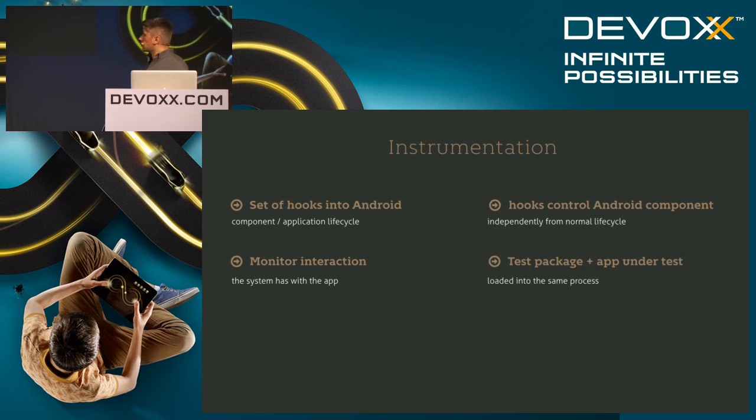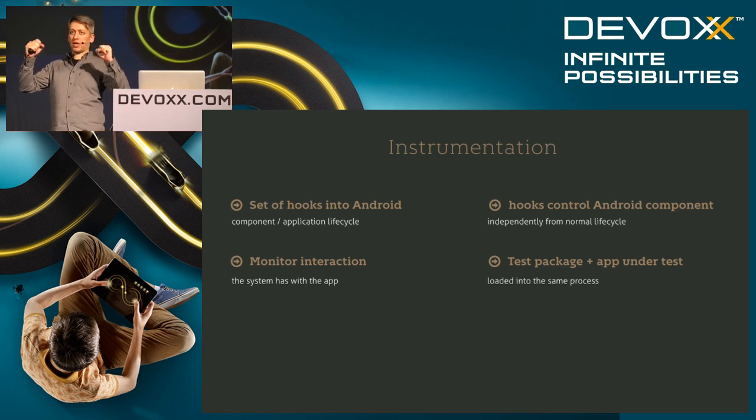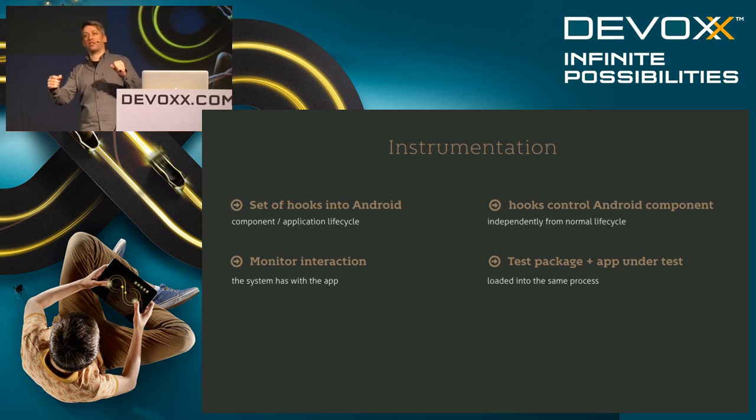The way it works is, when you write tests, basically you are writing two applications: your real application that you've been working on all the time, and then the test application. And the reason instrumentation can work is because they are both deployed on your device, a real device or an emulator.